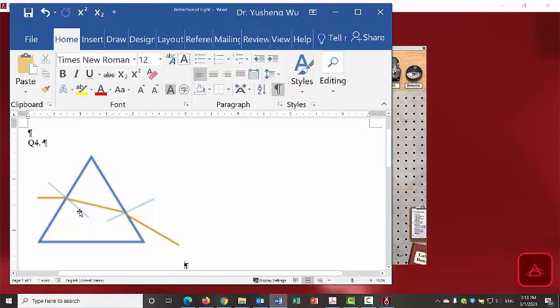This one is the normal, and this is the angle. That's another angle. Once it gets away from the prism, the light bends further away from the normal.